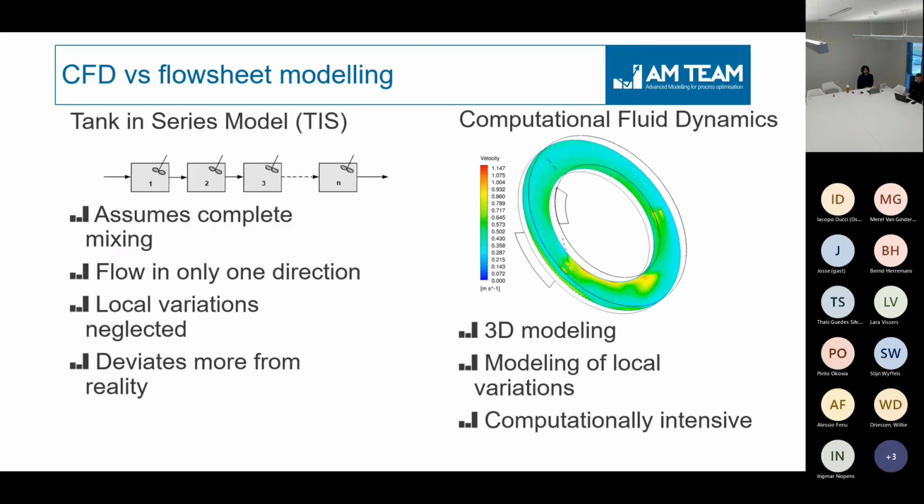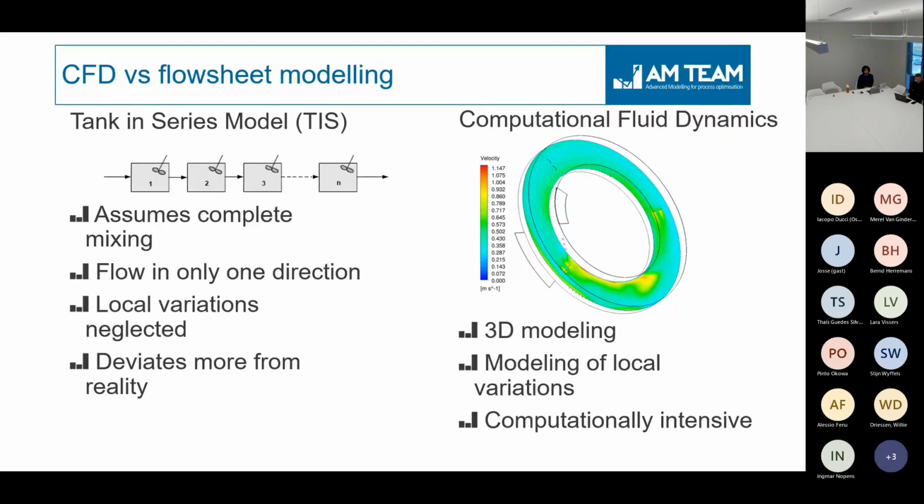So if you compare it with conventional flowsheet modeling, flowsheet models are very powerful. They give you really dynamic modeling output. But they assume complete mixing, and in reality it might not be the case, which means it lacks that detail of the mixing.